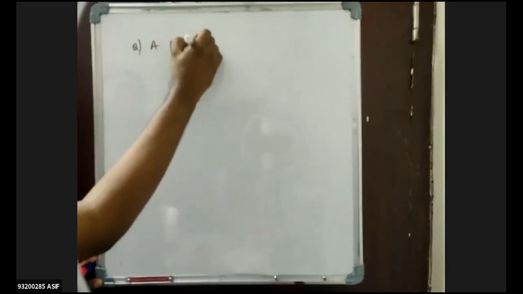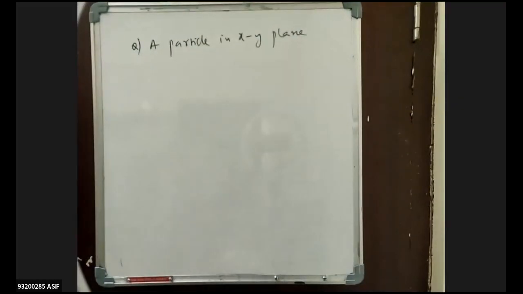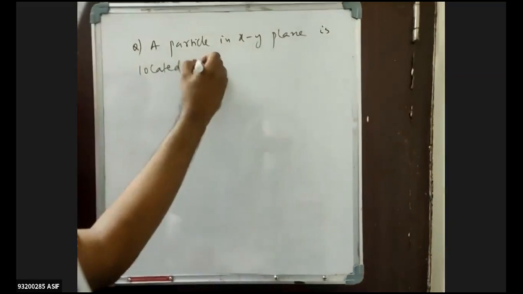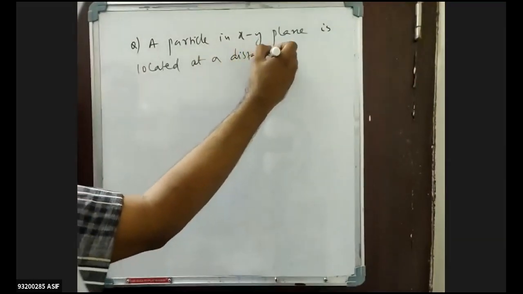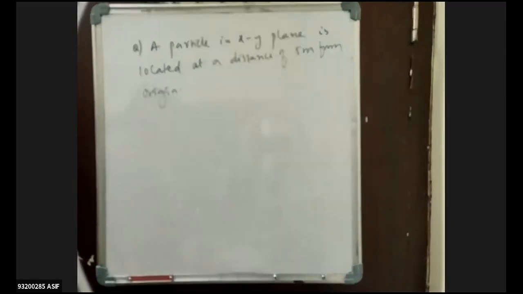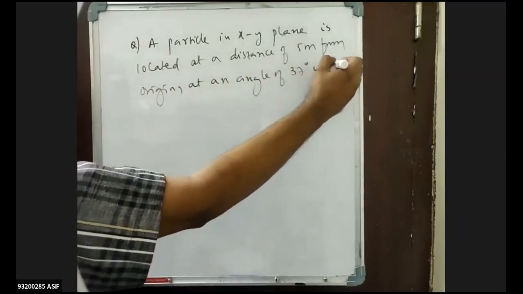Before going to the next side heading, let us do one small problem on this. The question says: a particle in the XY plane is located at a distance of 5 meters from the origin, at an angle of 37 degrees with the x-axis.